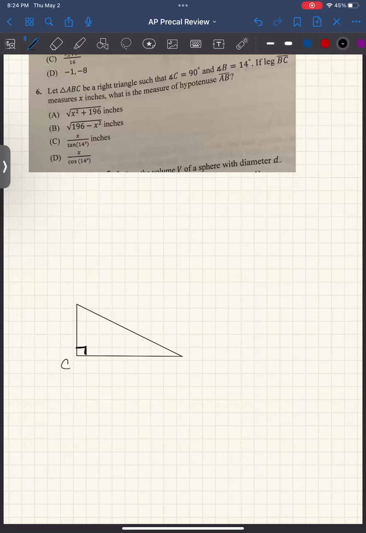And then they tell me that angle B is 14 degrees. So far, so good. Now Emily made a good point. She said, which one is supposed to be A or B?